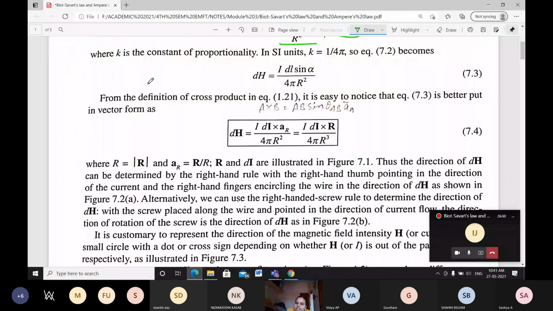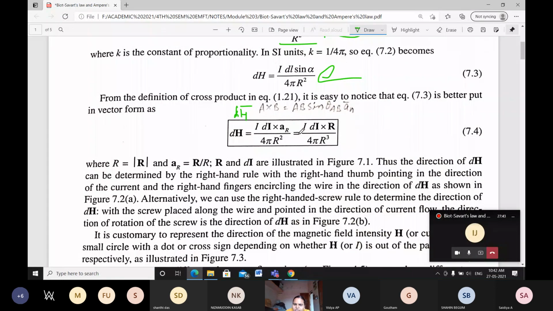Based on this, if I represent the equation in terms of a vector cross product, then dH in vector form, written in bold letter or with an arrow, equals I dL cross aR divided by 4 pi R square.